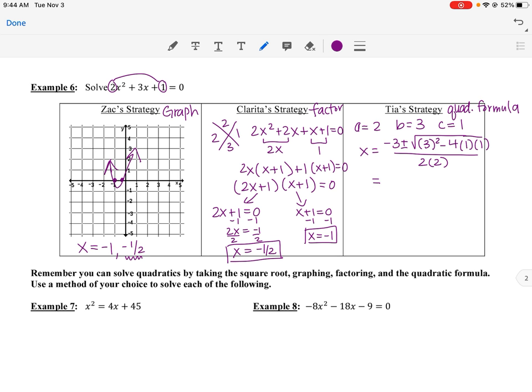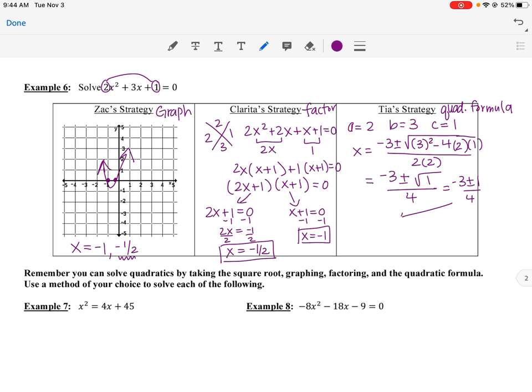We get -3 plus or minus the square root of 9 minus 4... oh, I forgot that's a 2, my bad, sorry, 2 for a. I plugged in the wrong number. Everyone see that? Did you correct that? 4 times 2 times 1. So 9 minus 8 is just 1, all over 4. So we get -3 plus or minus 1 divided by 4.